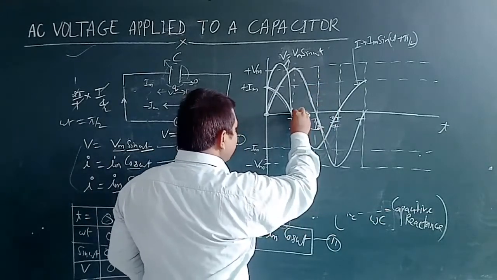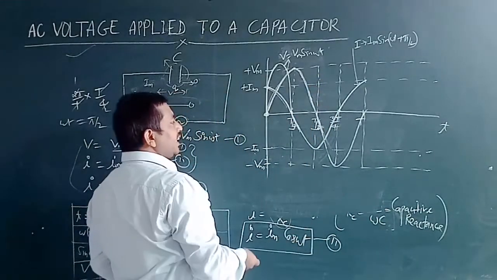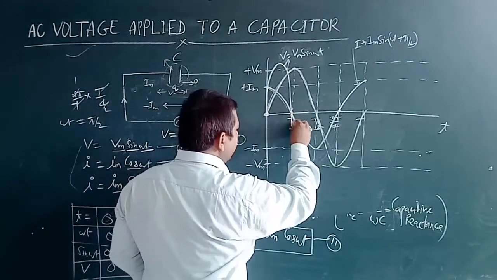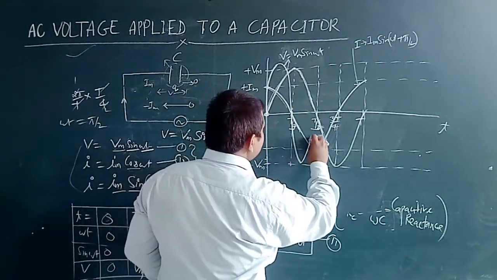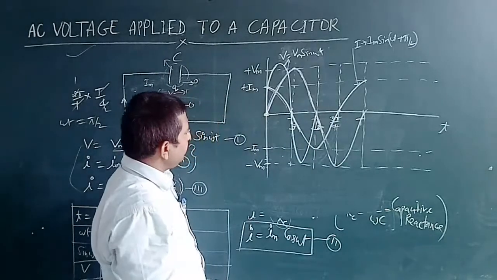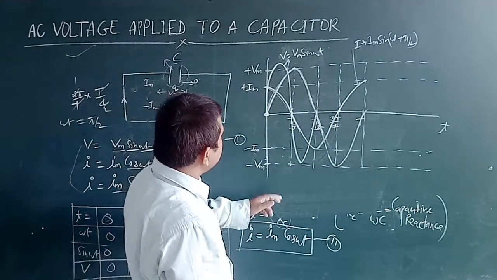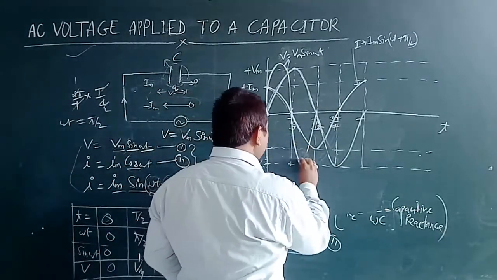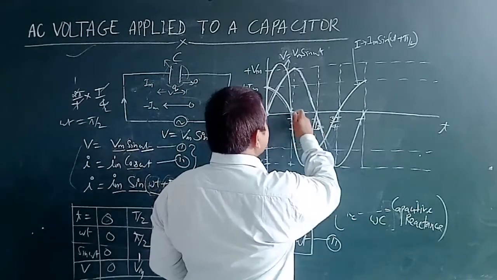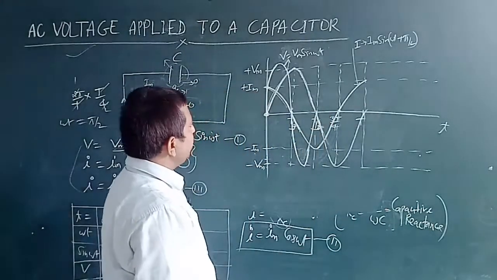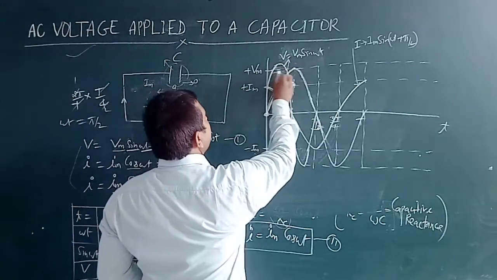So the product of potential and current is negative. It means the power dissipated in the circuit can be plotted like this graph. Okay, so this provides us the knowledge of the power dissipation in the capacitor.